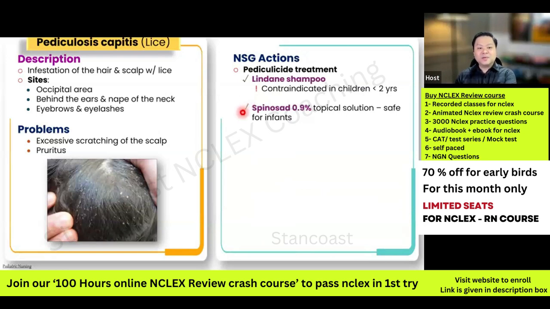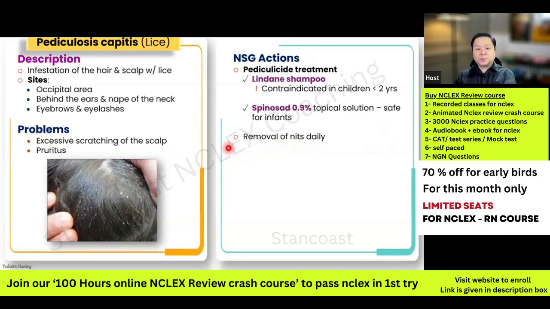Now, another treatment that we will be expecting to administer is the spinosad 0.9% topical solution. And so this is a much safer treatment for the infants with the pediculosis capitis. Now, we have to expect that there would be daily removal of the nits with a very fine comb.